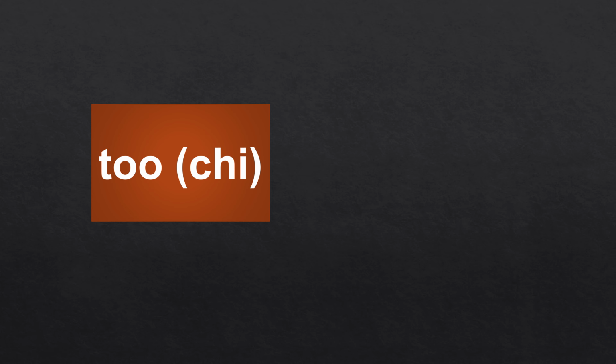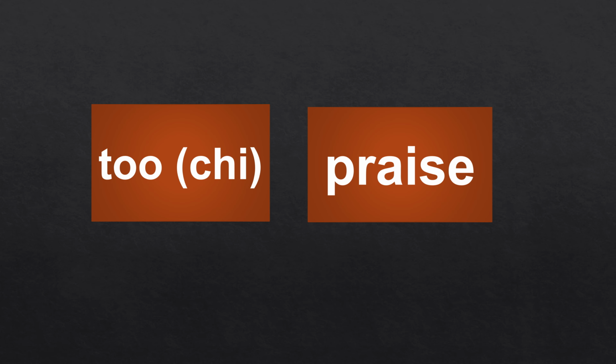This in English will be spelled as T-O-O. It is the same spelling in Igbo, but in Igbo it is pronounced to. So you can say tochi. To means praise God.